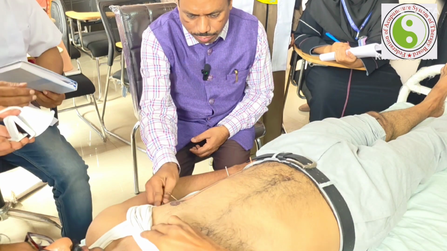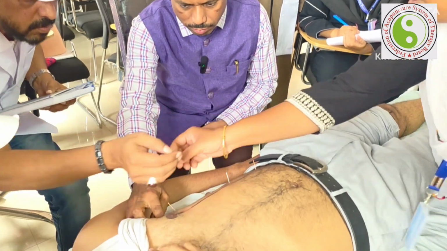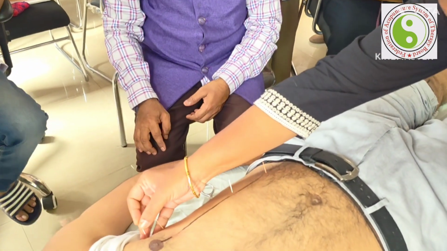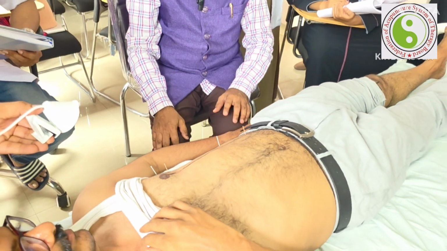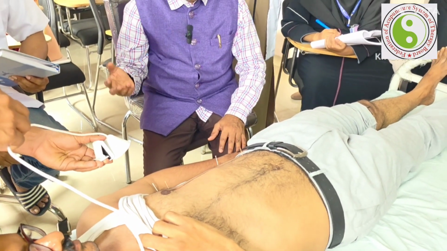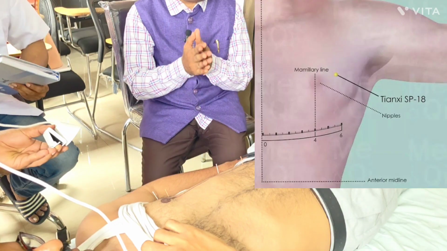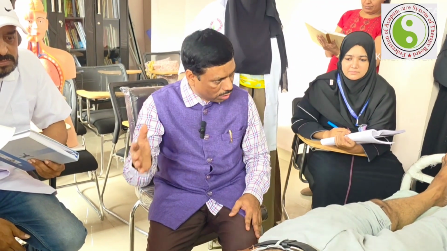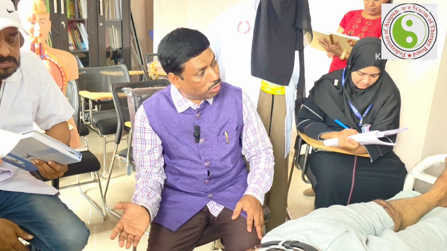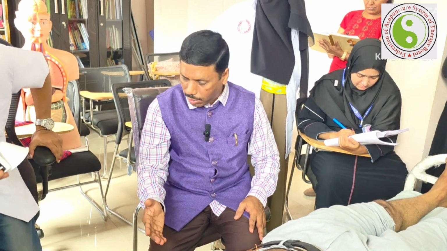Please apply it, somebody. Spleen 18 is a good point. Now what conditions can we use it for? All breast related disorders, problems of the breast, at the 3 o'clock position if they have a lump or cyst. Even in that situation you can use this point, it is always good.